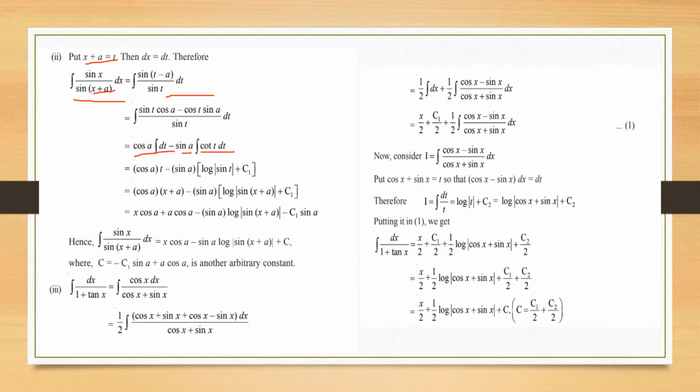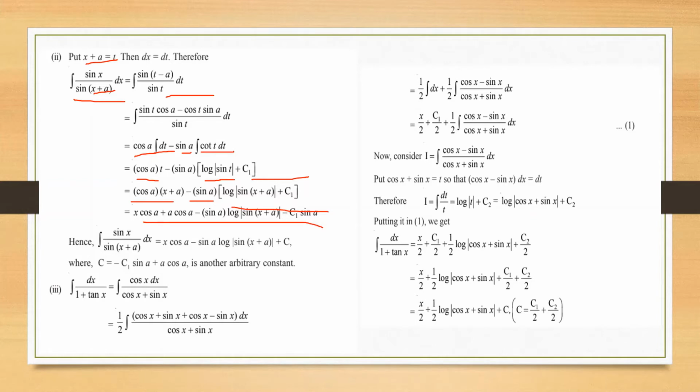So what is the integral of 1? It is t. So it is t cos a. Integral of your cot, we did it right now, is log mod sin t plus c1. Constant c or c1, whatever you want to use. Now put back the value of t, that is x plus a. Wherever t was there, you put back all the values, right? And open the terms.